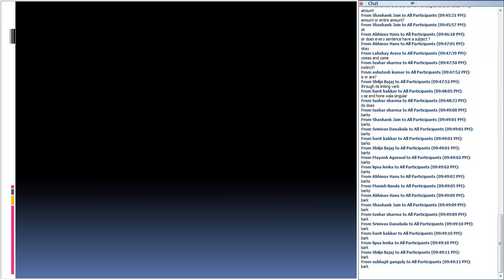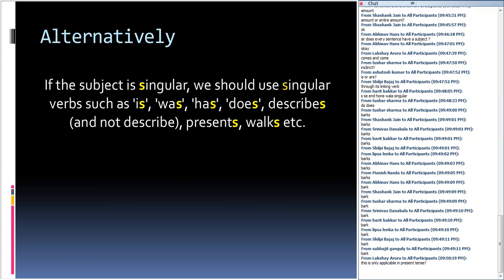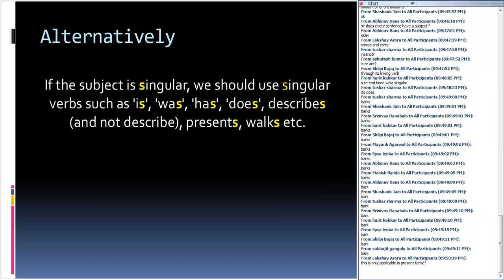Okay. This is one. And alternatively, I just told you, if the subject is singular, we know we should use singular verbs such as is, was, has, does, describes, and not describe, presents, walks. Okay, so you see S is for singular.